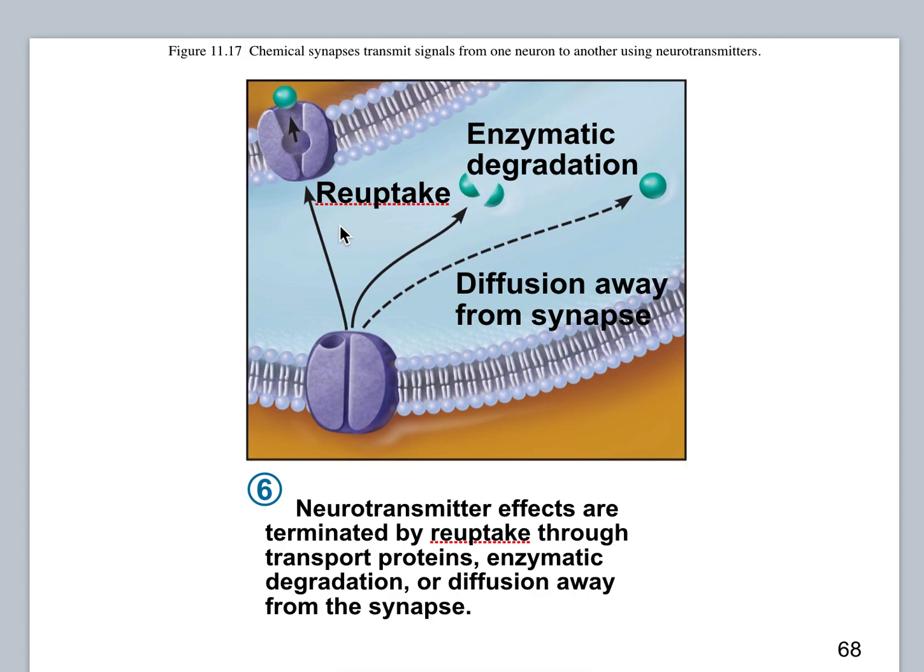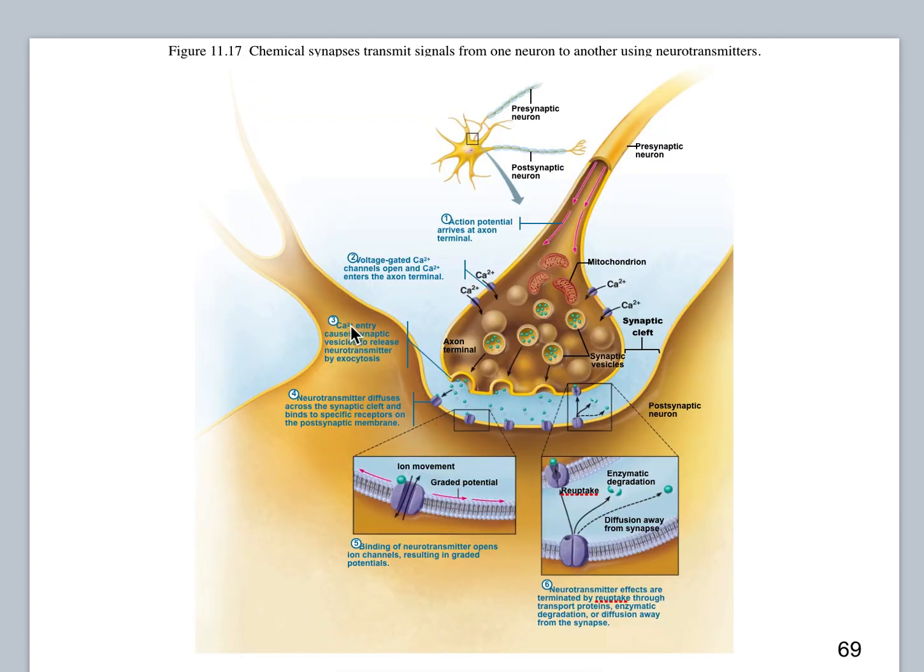There may be an enzyme that degrades the neurotransmitter, like we saw with acetylcholine, where acetylcholinesterase breaks down acetylcholine, or it may just simply diffuse away from the synapse. In either event, each of those would result in the neurotransmitter being taken away from the receptor, and therefore the receptor would close again. That summarizes all the steps in one slide.